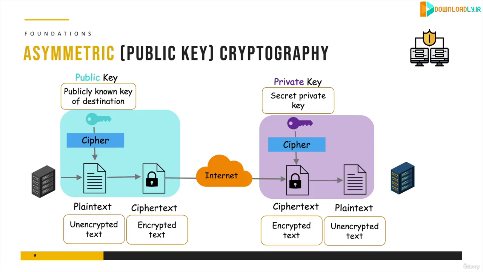Now, another important point which I want to clarify, which confuses a lot of people, is what happens if we go the other way around. For example, if the destination encrypts a document using his private key, then it is not encrypting it for the sake of secrecy, because everybody in the world has the public key and can simply decrypt it, right?